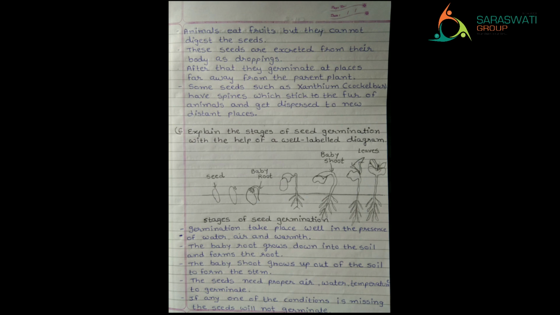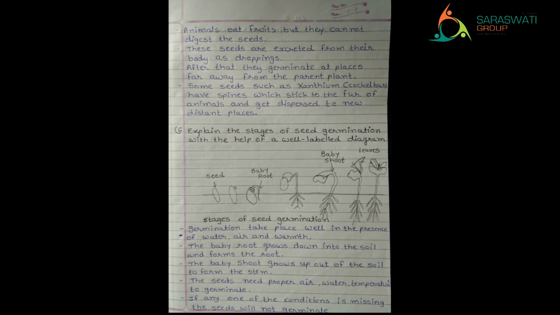The baby root grows down into the soil and forms the root. Baby root will go inside the soil, down, into the ground, right? The baby shoot grows up out of the soil to form the stem, right? Baby shoot grows outward and forms the stem, right?